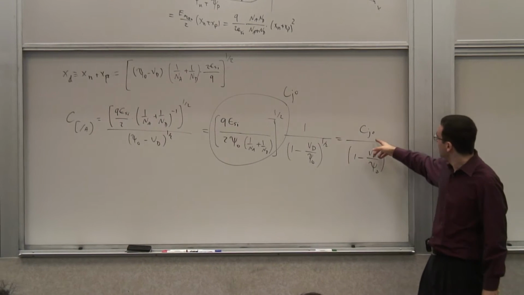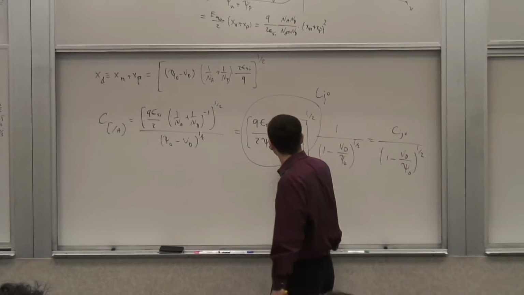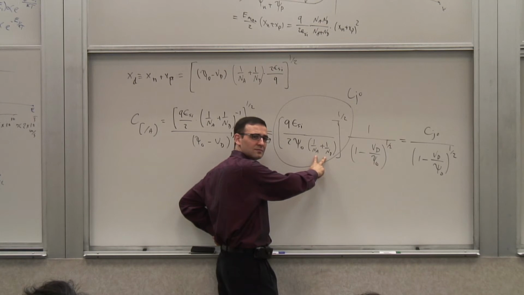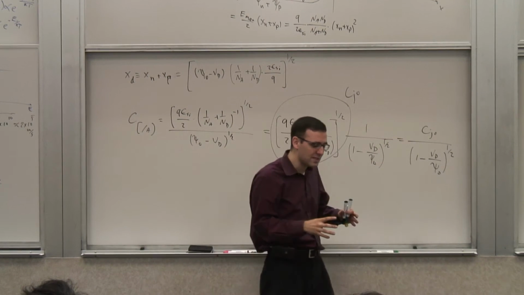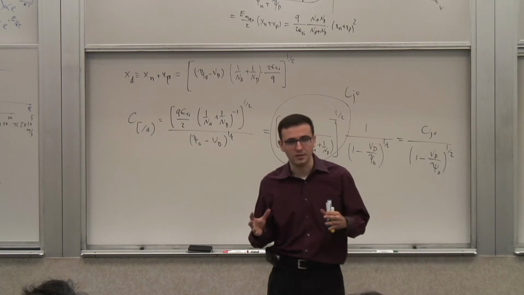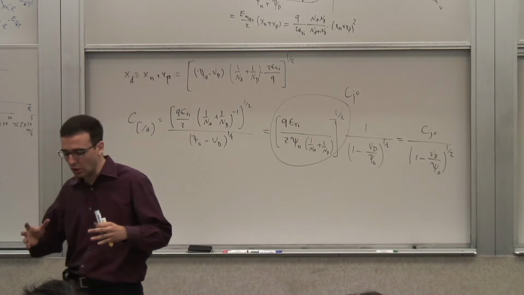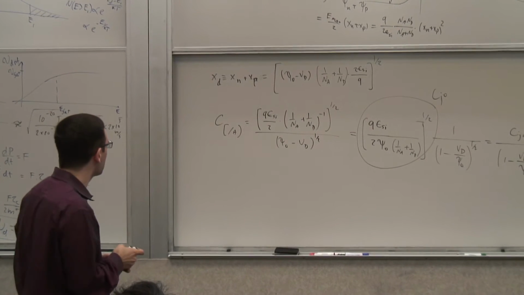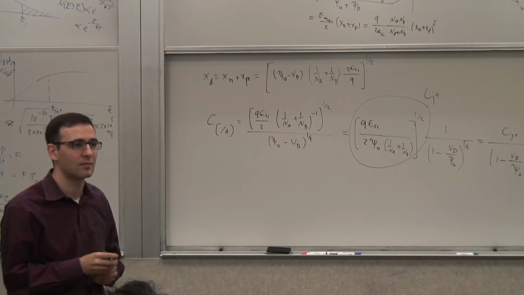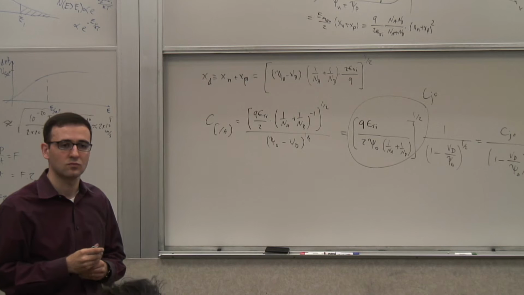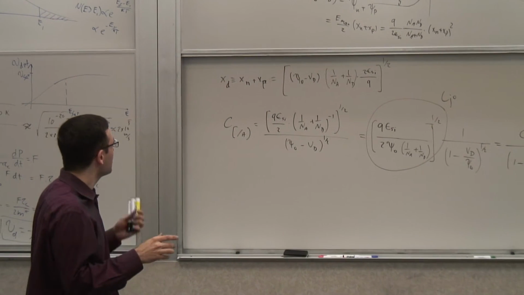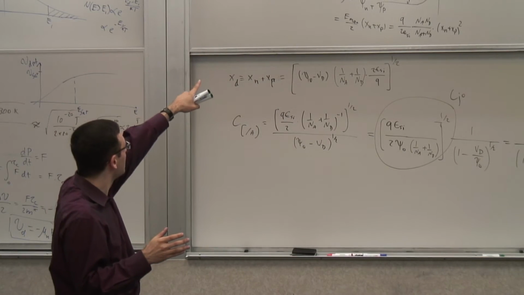Now, the interesting thing is that this capacitance, again, is dominated by the lightly doped side. But what happens if I increase the doping level on both sides? Would it increase or decrease the capacitance? Think physically.